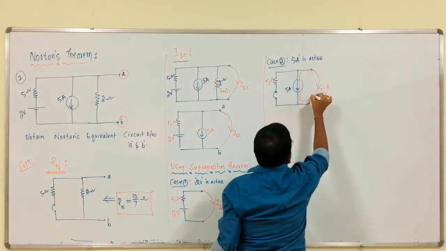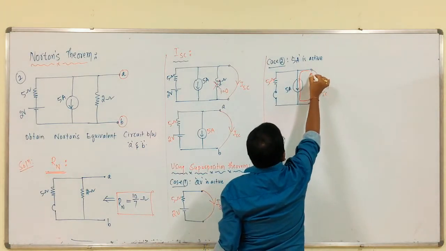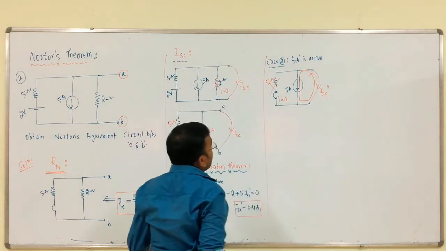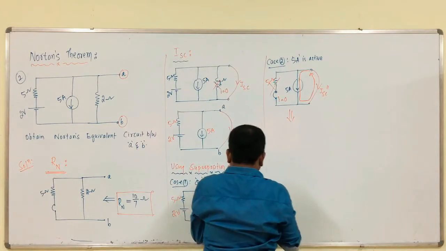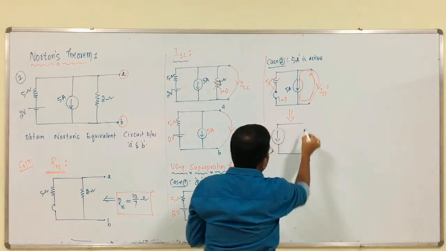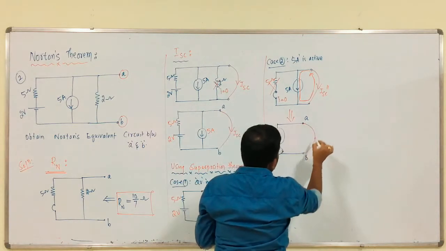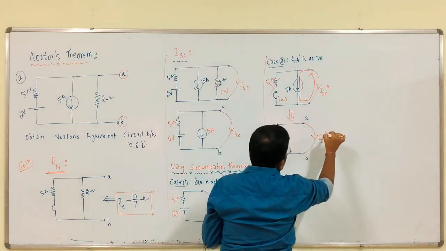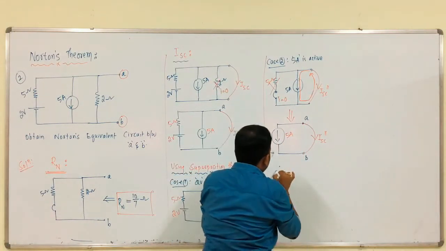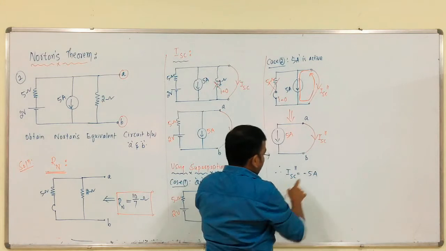The path of this current source is like this. There is no current through this branch, 0. The circuit becomes only a current source. This is A, this is B. The direction of ISC double dash is opposite to the 5 ampere current source. Therefore, ISC double dash equals minus 5 amperes.